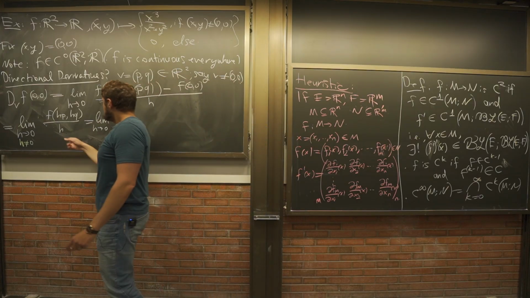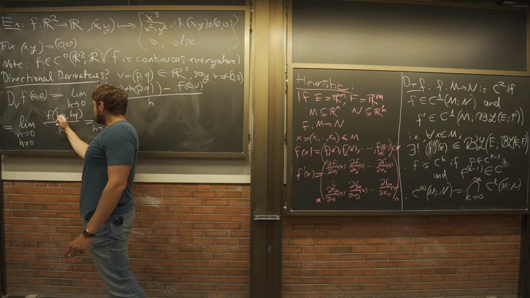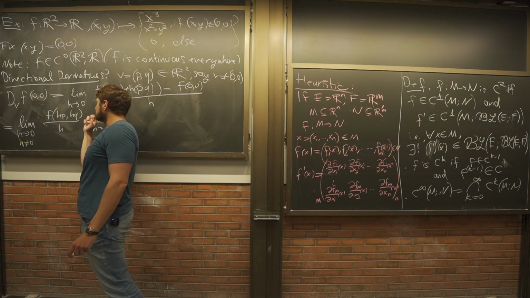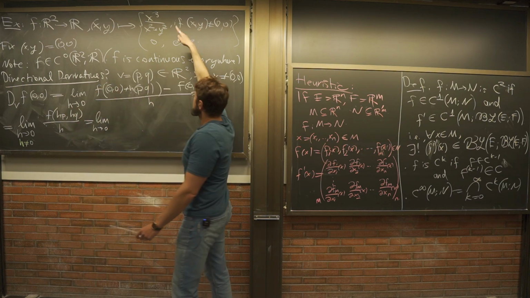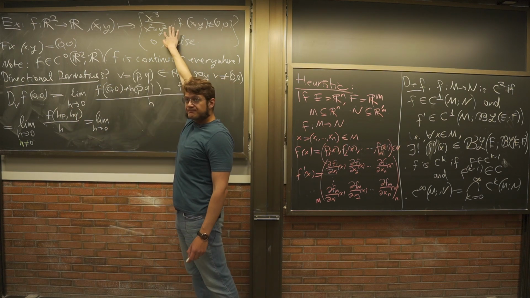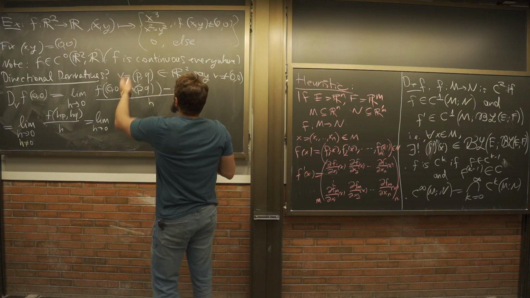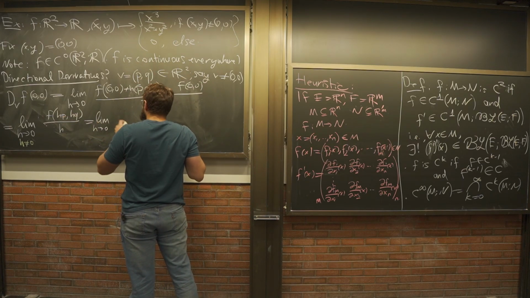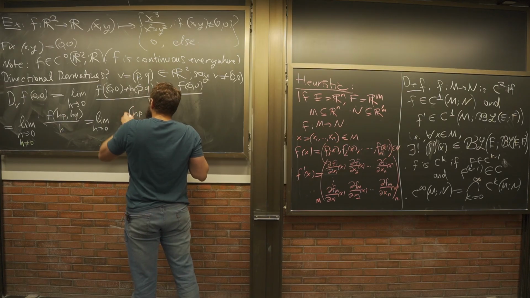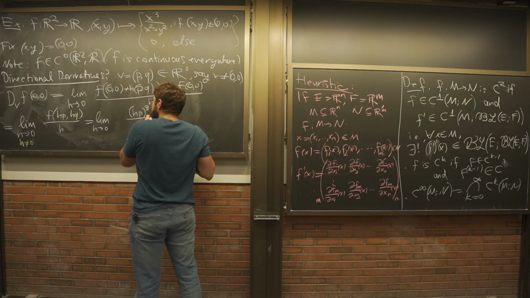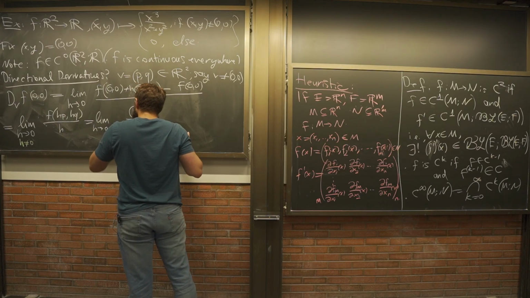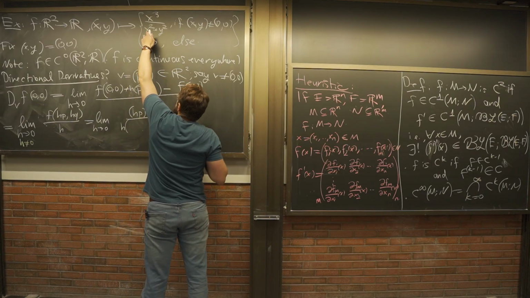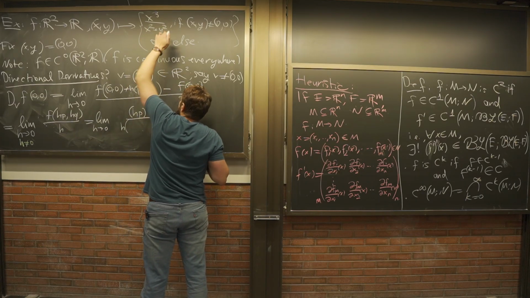In that case, the input of f is not the 0 vector, which means that in the piecewise definition, I need to be using this formula. So plugging in, x equals hp, I get hp cubed divided by h times hp squared plus hq squared.